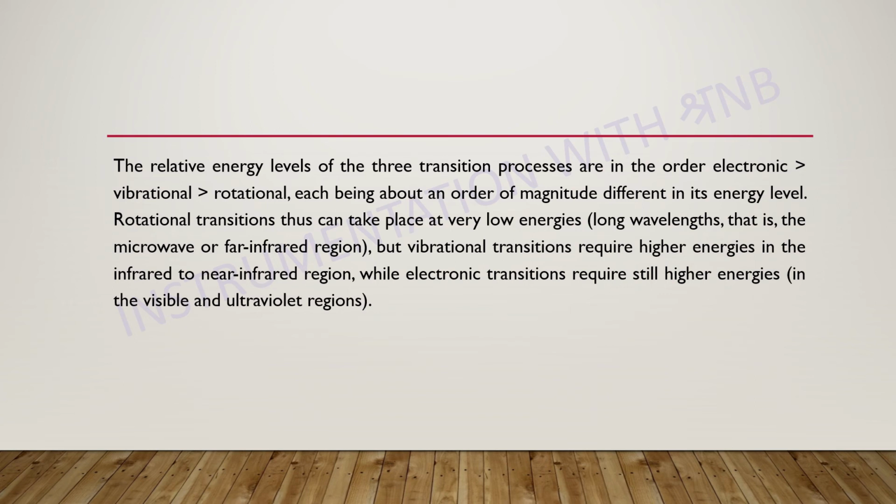But vibrational transition requires higher energy and lies in the infrared to near infrared region, while electronic transition requires highest energy and lies in the lower wavelength region, that is visible and ultraviolet regions.